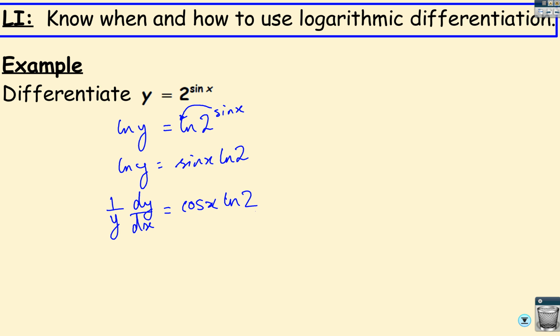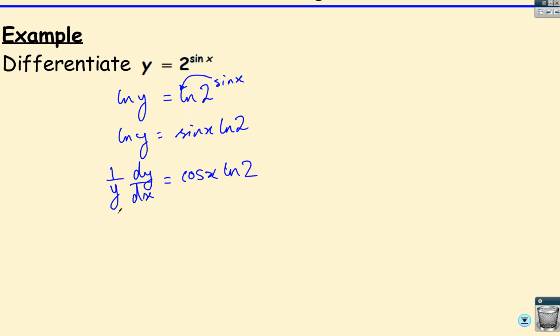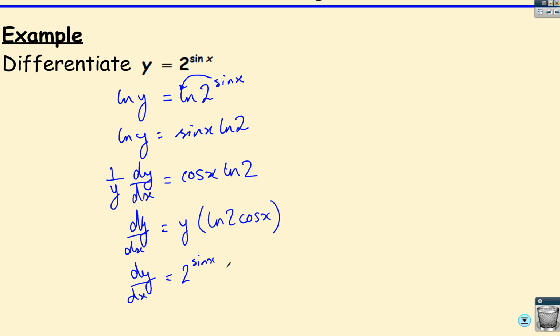Doesn't really matter. I probably will just do that in the next line of working though. Multiply up by y, dy by dx becomes y times, and I'm just going to write log 2 cos x. Alright. y is 2 to the power sine x though. So dy by dx equals 2 to the power of sine x, and then log 2 cos x.